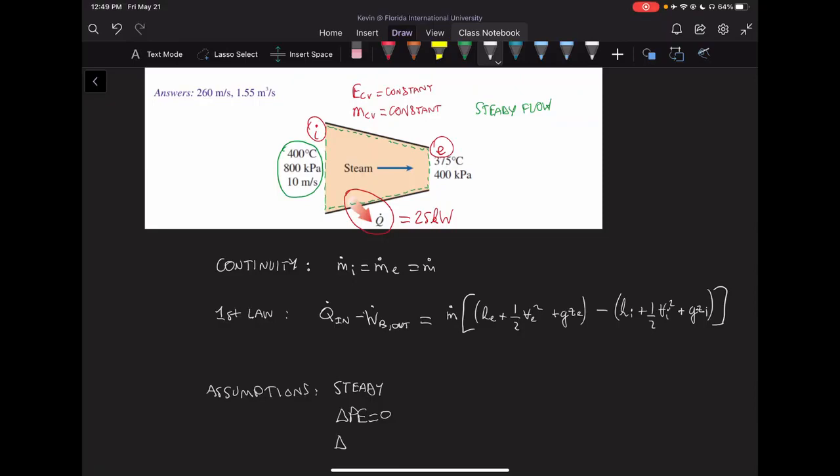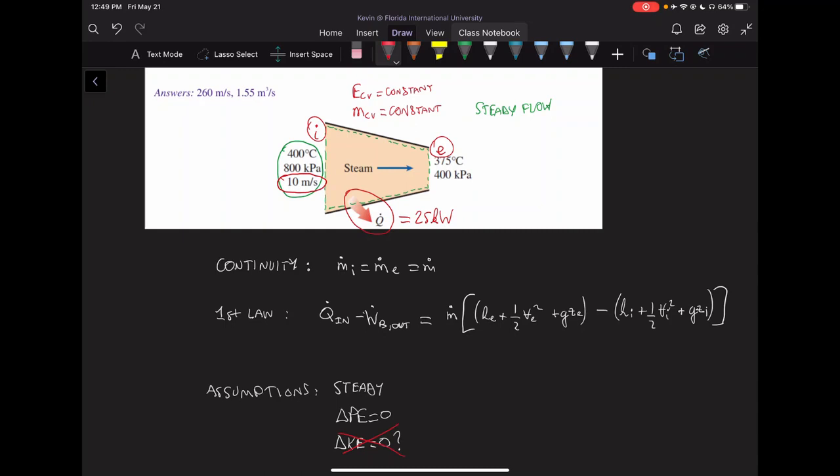Now, can we assume that KE is equal to 0? We can't, because now we have a velocity term given. Because we have a velocity term given, and we're trying to look for velocities, our kinetic energy is not equal to 0. So we have to keep the velocity term in our equation.